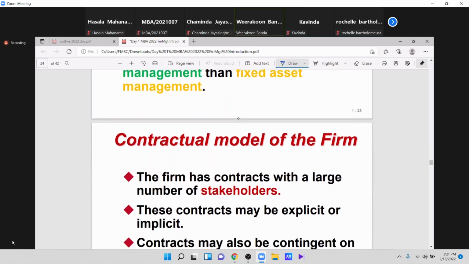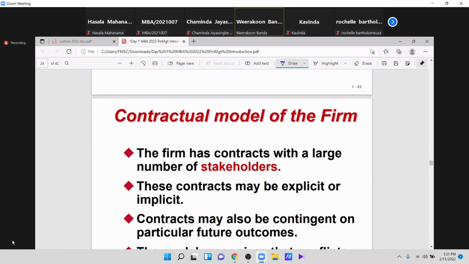Then the other aspect is the contractual model of the company. At the company level, it involves different persons. The shareholders provide shares, share capital. They provide the debt capital, maintained with some particular managers.